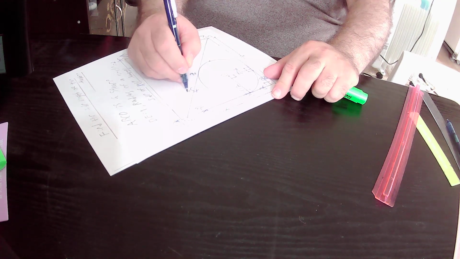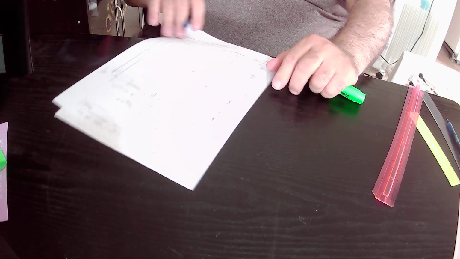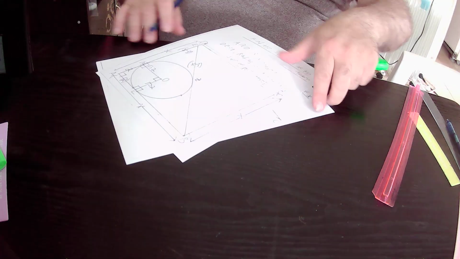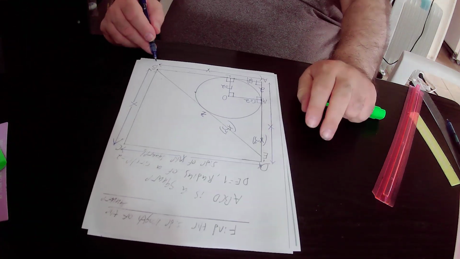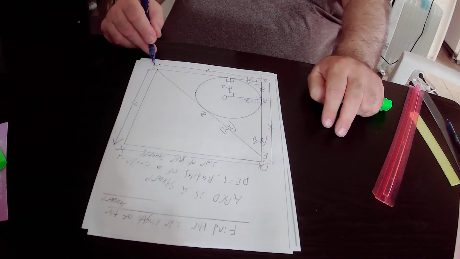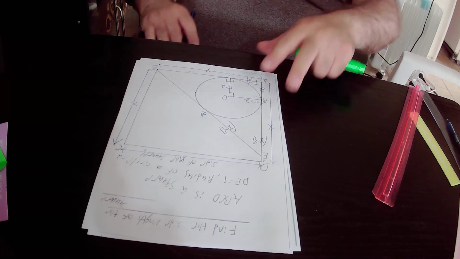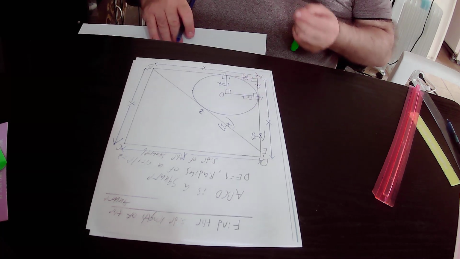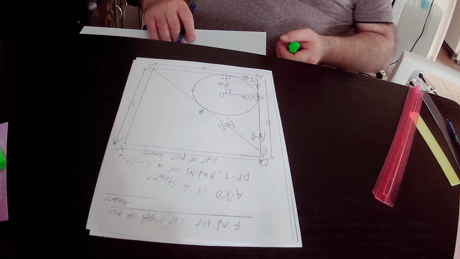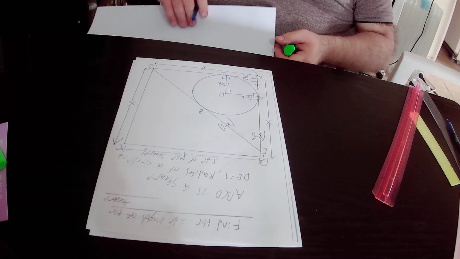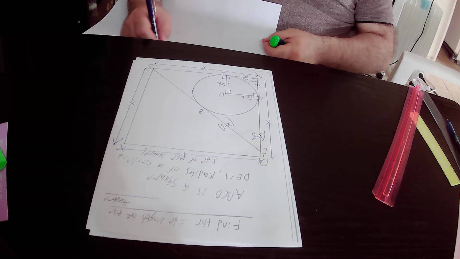In the next step, we'll focus on the common external point, point B. From the common external point B, we have two tangents to this circle.